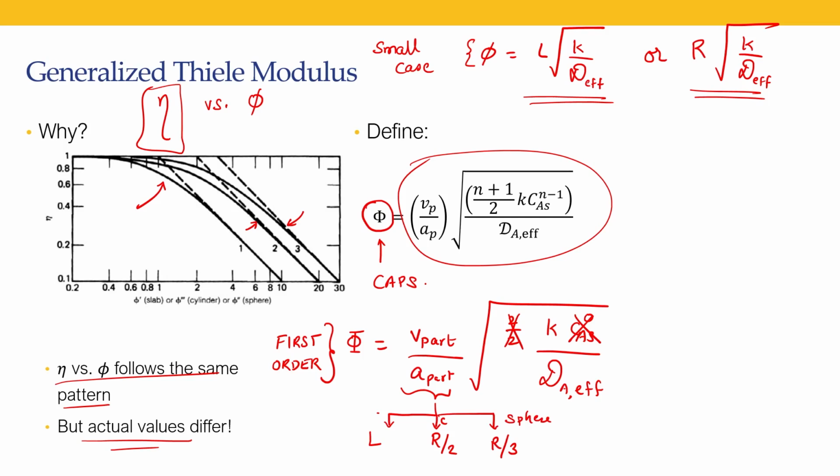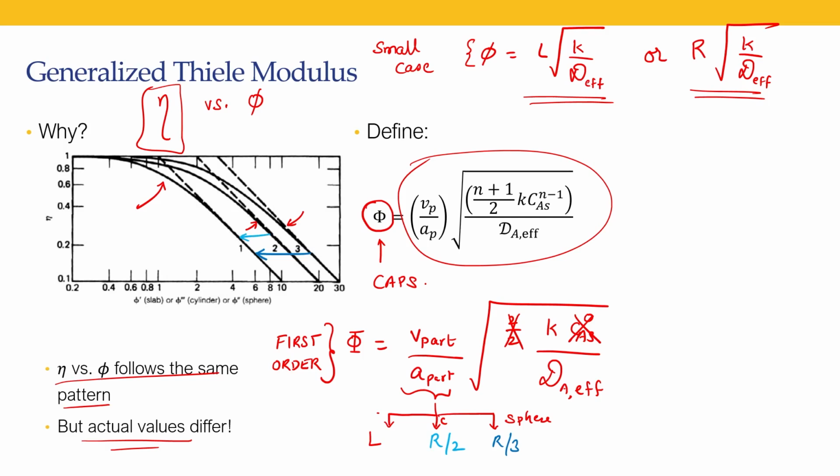Okay, so if we use L for a slab, r by 2 for a cylinder, and r by 3 for a sphere, this particular curve will move over here with the new definition, and this particular curve will also move over here.